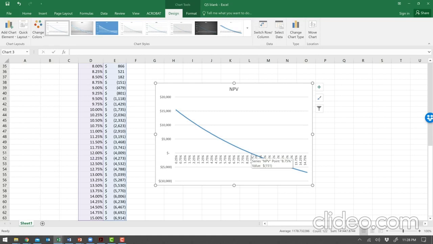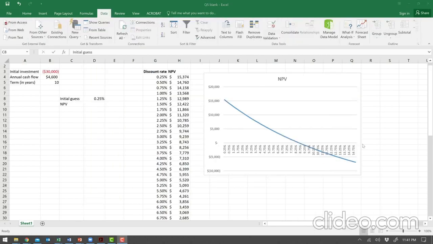Therefore, the major benefit of building the NPV profile is to gauge what the internal rate of return for a given project is. In our case, internal rate of return is somewhere around 8.75%. Note that this is not the exact solution yet. We will learn two ways of finding the exact solution for the internal rate of return now.